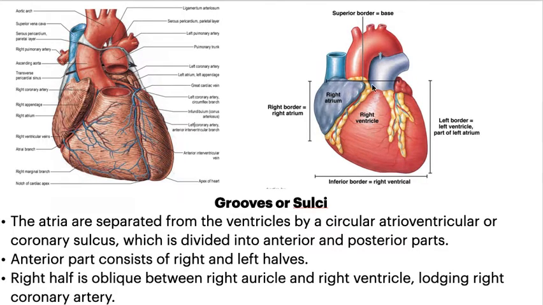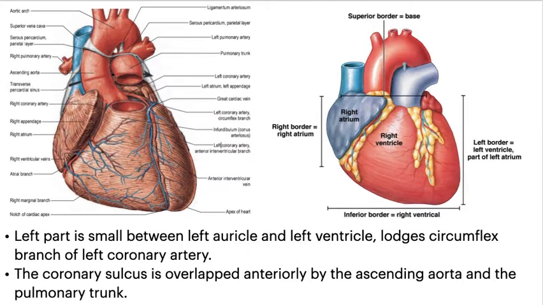The right half is oblique between the right auricle and the right ventricle, lodging the right coronary artery. The left part is small, between the left auricle and the left ventricle, and lodges the circumflex branch of the left coronary artery. The coronary sulcus is overlapped anteriorly by the ascending aorta and the pulmonary trunk.